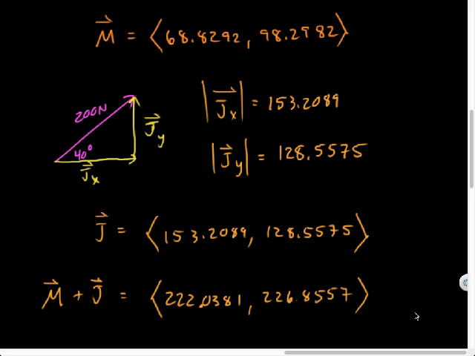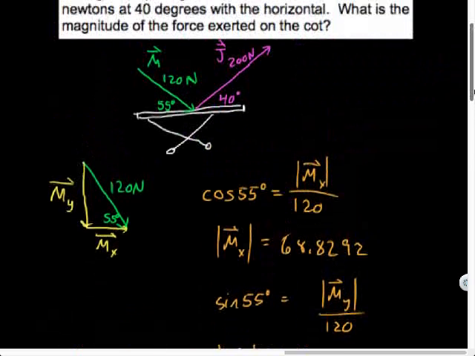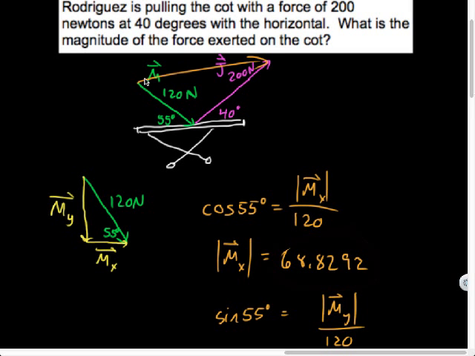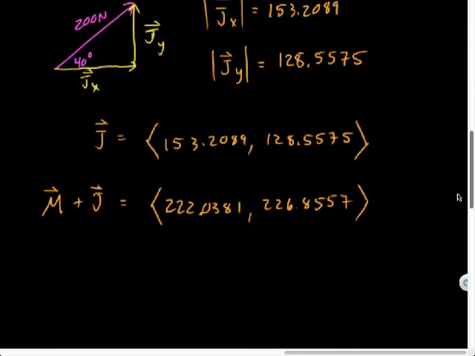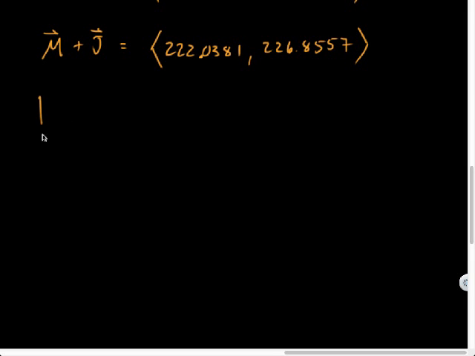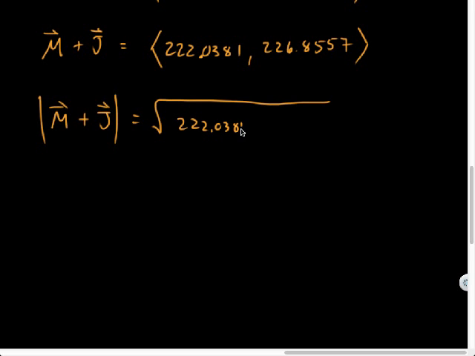Okay, that's the resultant force, or, well, the resultant vector. Yeah, which is a force, I guess, because of magnitude and direction. So that's that vector right there. Now, I want to find the magnitude of that vector. We had that little formula from a moment ago, and that formula is just merely the distance formula. So if I want to find the magnitude of Mary plus Joseph together, square root of 222.0381 squared, added to this guy squared, right?